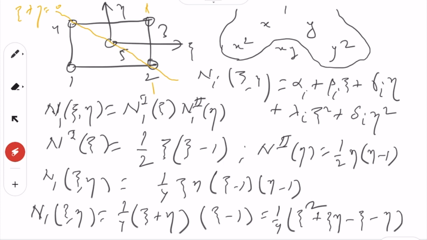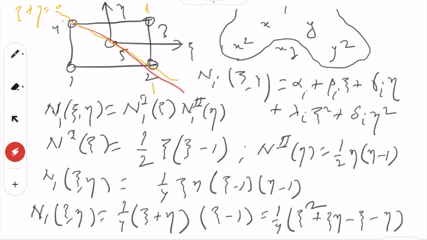In this case what you have seen, instead of getting x y, we are capturing xi and eta actually. So y square we have not got. If you want to capture y square and not capture this one, then we have to think differently. So let us say you did not want to have xi eta, then what to do? Then you know that if you are here, you need to capture this.